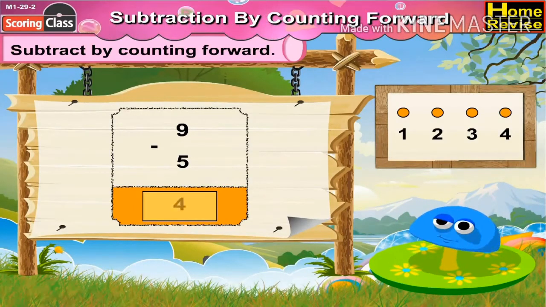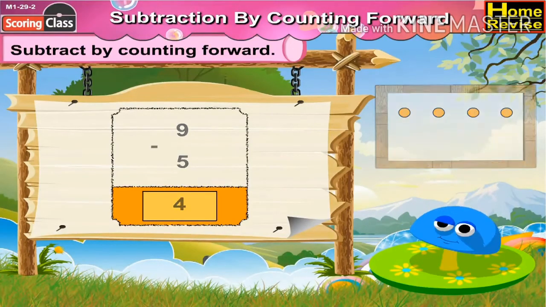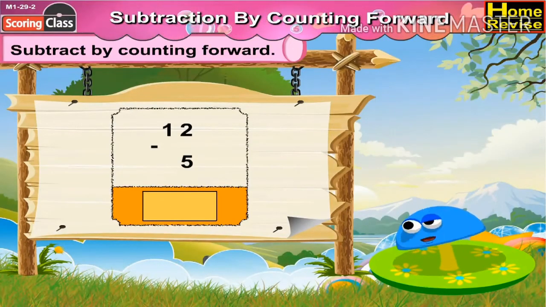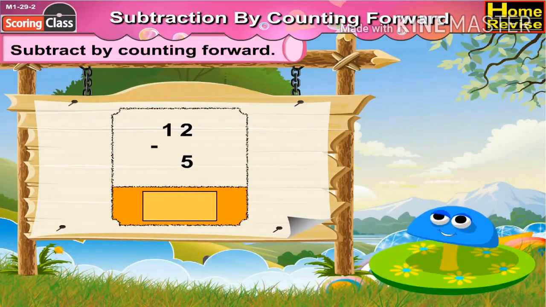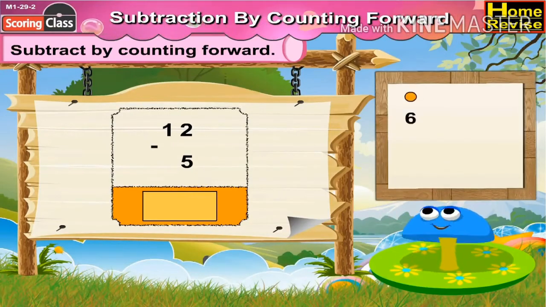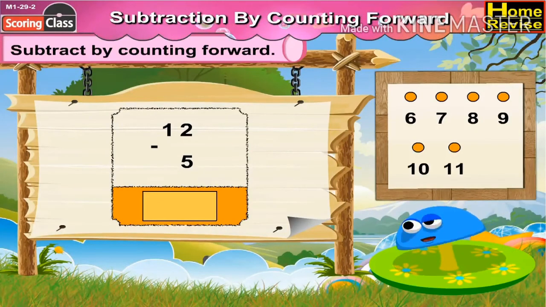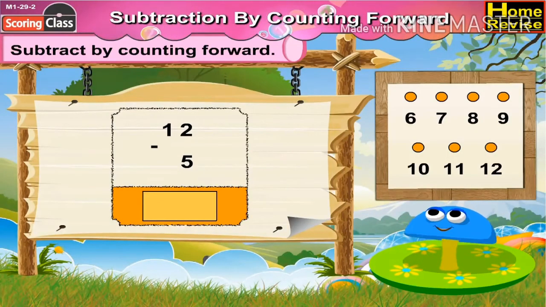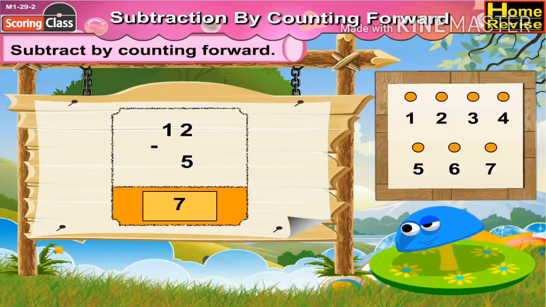So 9 minus 5 is equal to 4. 12 minus 5 is equal to dash. Now by counting forward, it would be 6, 7, 8, 9, 10, 11, 12. 12 minus 5 is equal to 7.